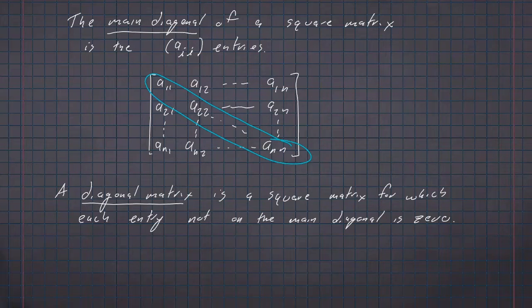A diagonal matrix is a square matrix for which each entry which is not on the main diagonal is 0.